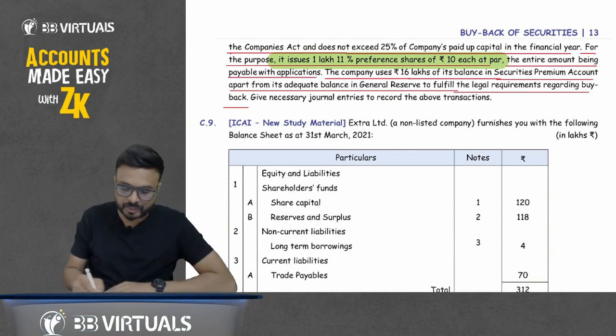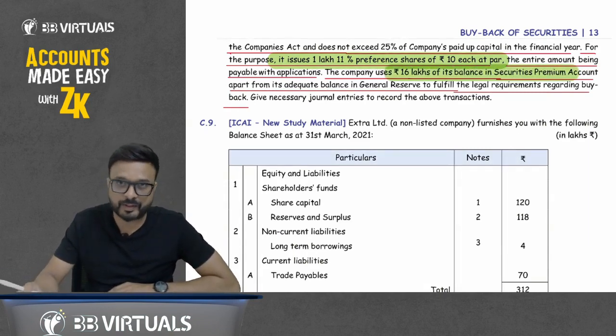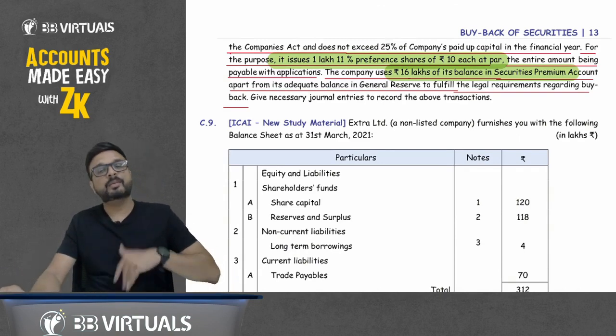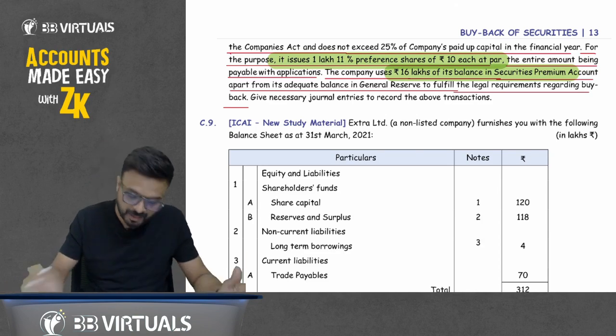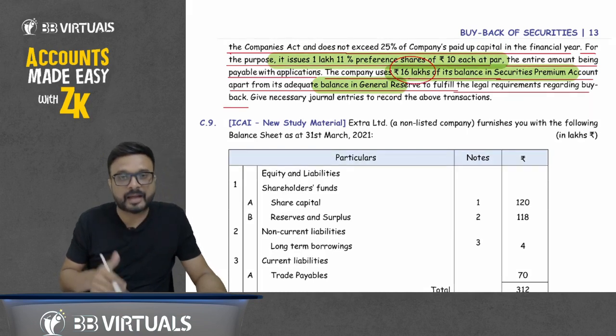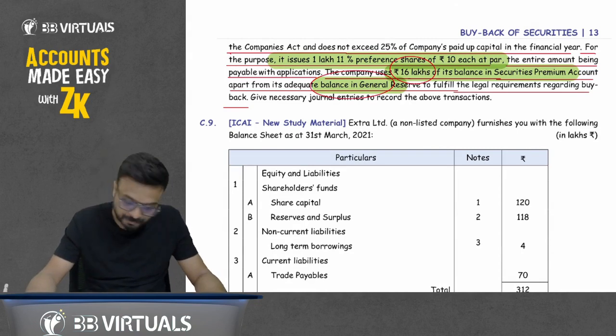It is mentioned in the question that the company will utilize 16 lakh of its securities premium account, only 16 lakh. Any amount required more than 16 lakh, for that we will utilize the general reserve. Now give necessary journal entries to record the above transaction.